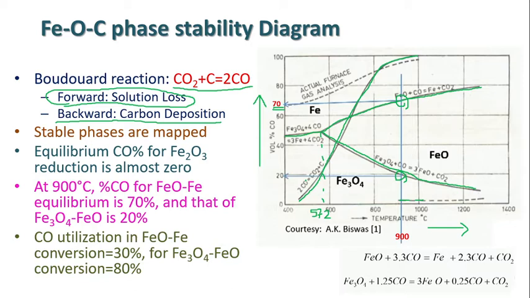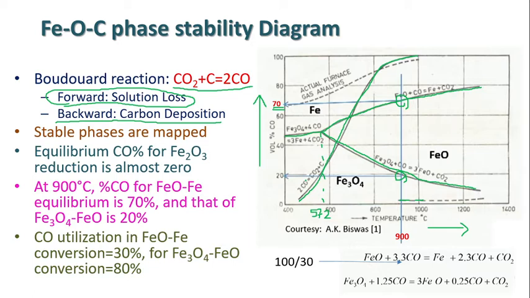This is because here the utilization is only 30%, so 100 by 30 gives rise to 3.3. Likewise, for magnetite, Fe3O4 plus 1.25 CO equal to 3 FeO plus 0.25 CO plus CO2. So where does 1.25 come from? It comes from 100 divided by 80, that will be 1.25.